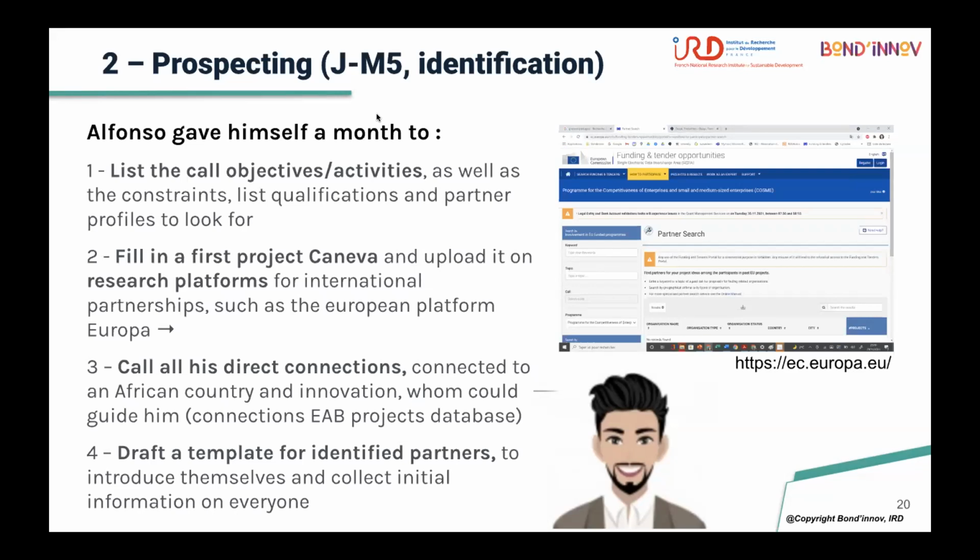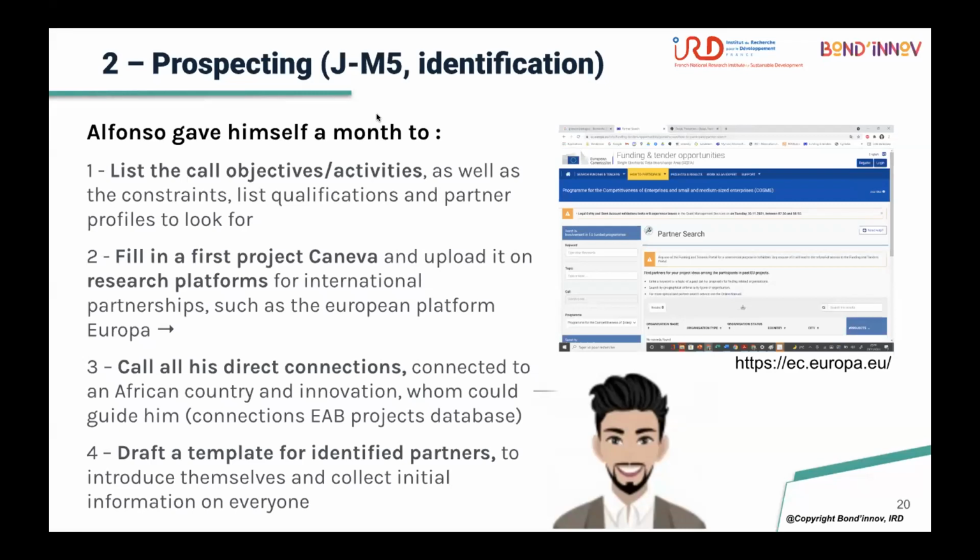But usually we don't have this kind of platform in Africa, so we need to use an alternative or an alternate solution. For example, LinkedIn, or maybe contacting our collaborators or our colleagues to discover potential partners.